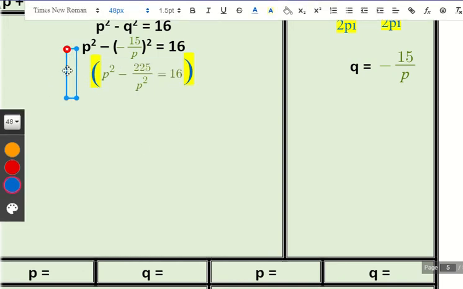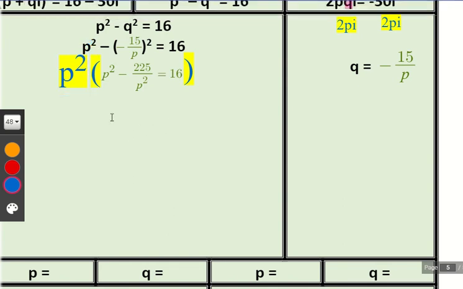Now, my biggest problem with what I'm working with is I've got this p squared in the denominator, and that's just ugly. I don't want that p squared there. So I want to multiply this entire equation by p squared to make that ugly denominator go away. So I'm just going to distribute this through to clean this up.